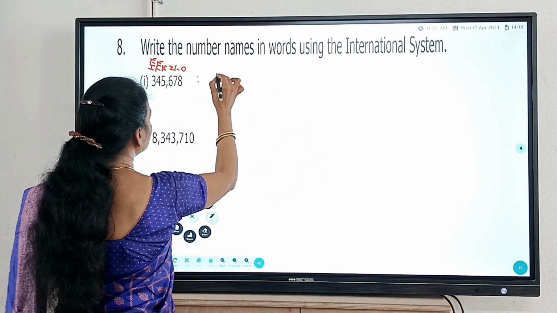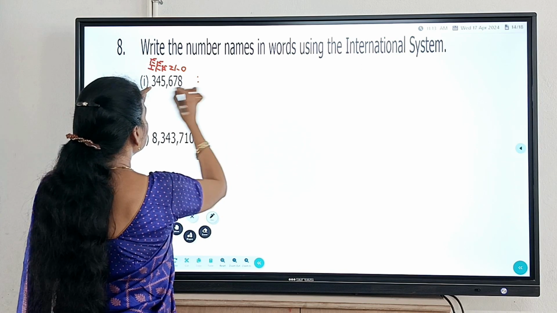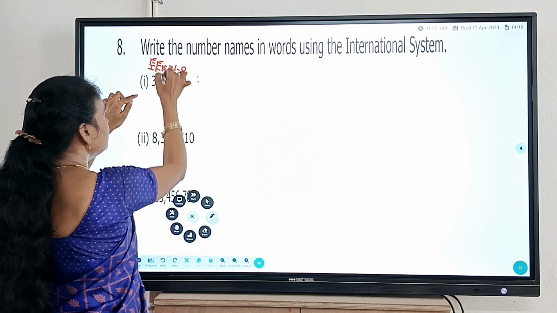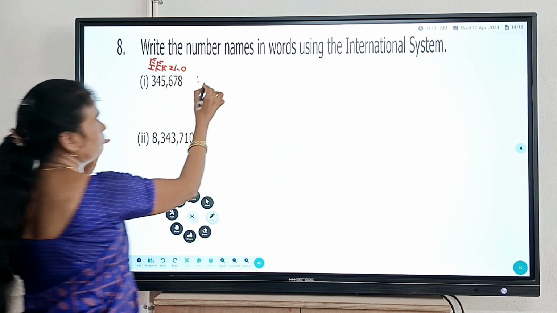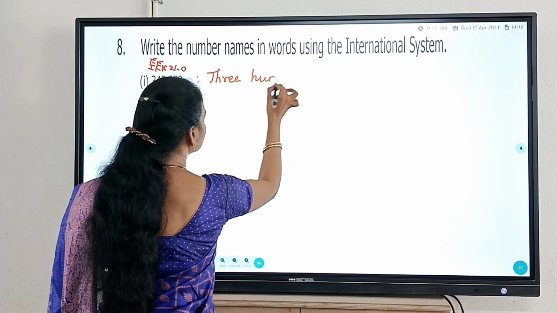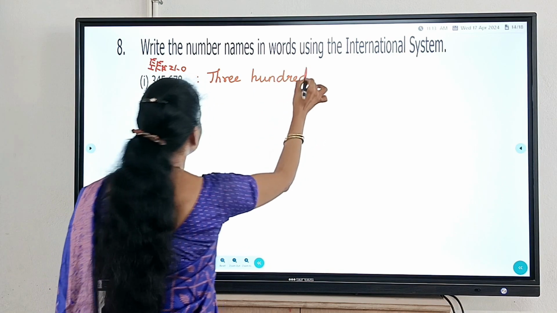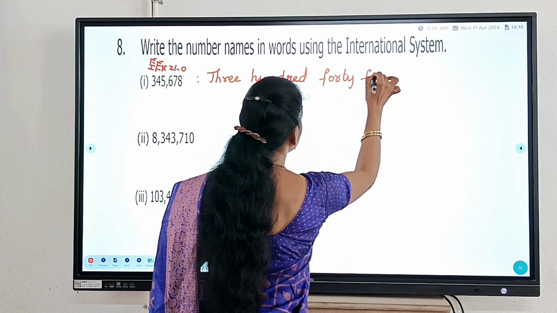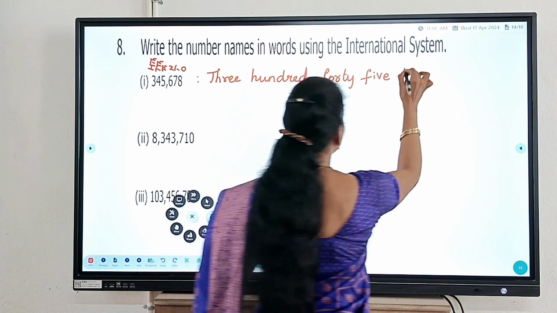So the number names will be written in this form, that is 345,000. All these three together form a thousands group. So 300, 45,000.